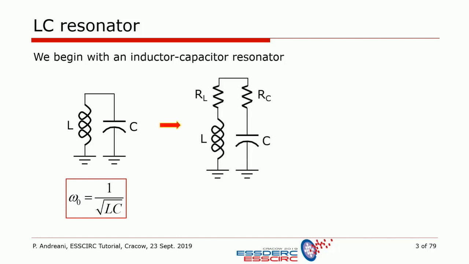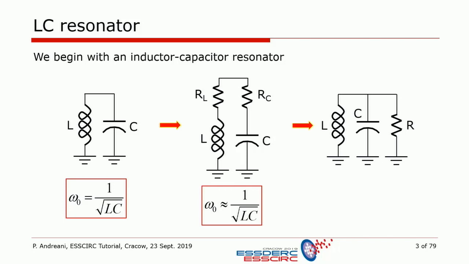Now, in reality, obviously, these components have losses, in this case series losses, but if these losses are not very large, then the resonance frequency is still very close to the previous one.